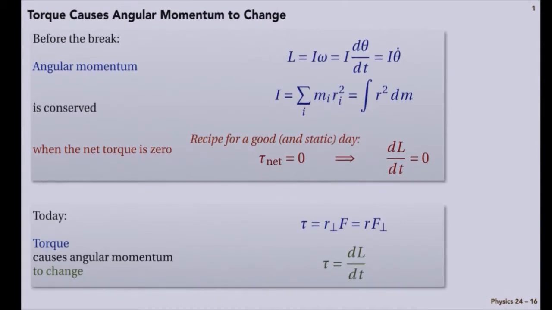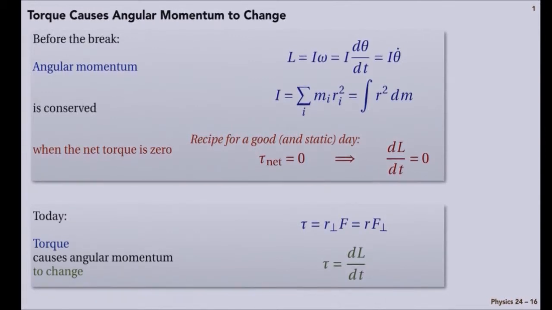And we have three different ways so far of denoting angular velocity. So omega is the analog of v, but of course it means the time rate of change of angular position, theta. And we also use the dot notation to mean a derivative with respect to time.